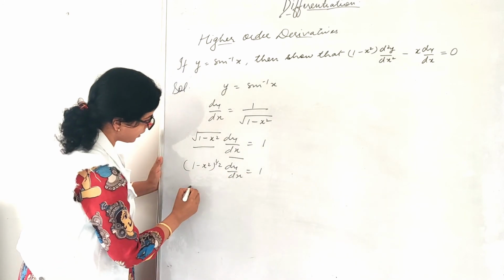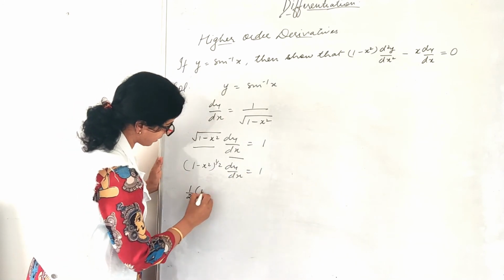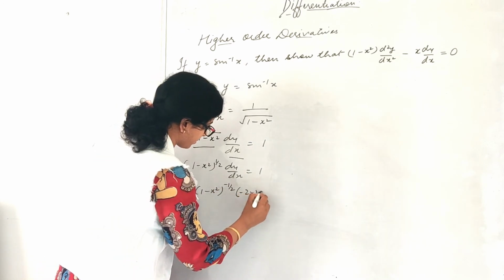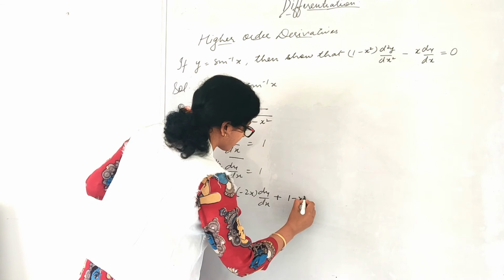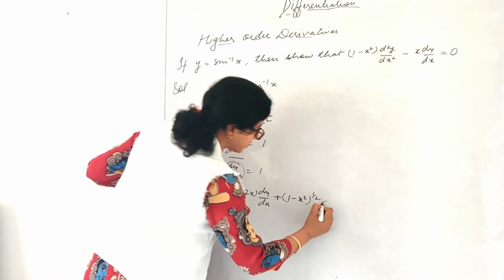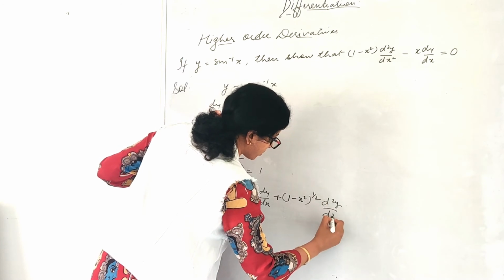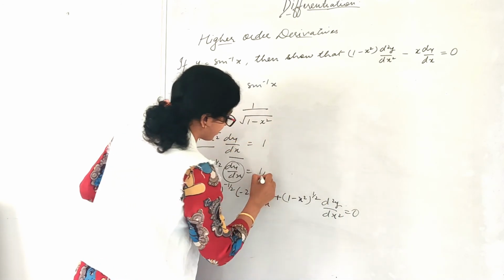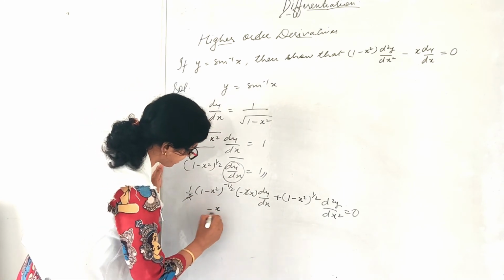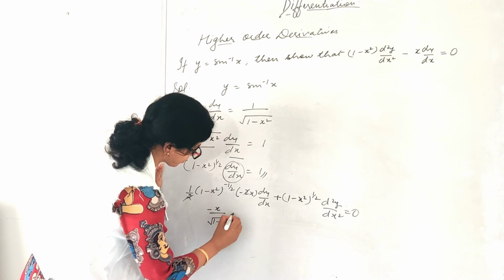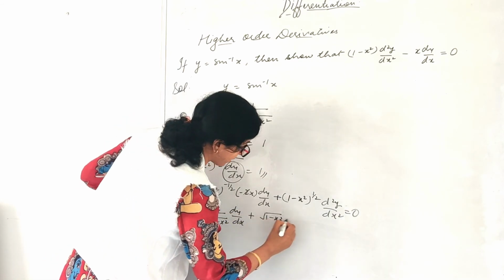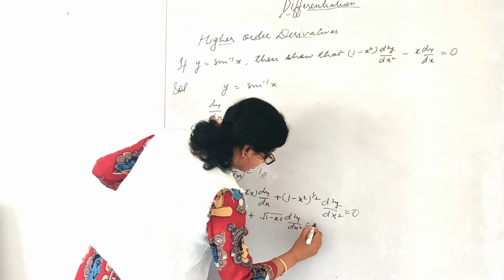So product rule. It will become half into 1 minus x square to the power minus half into minus 2x dy by dx plus 1 minus x square to the power half, and differential of dy by dx is nothing but d2y by dx2 equals to 0. This is my constant part. So now I can cancel 2 and 2, and it will become minus x upon under root 1 minus x square dy by dx plus root 1 minus x square d2y by dx2 equals to 0.